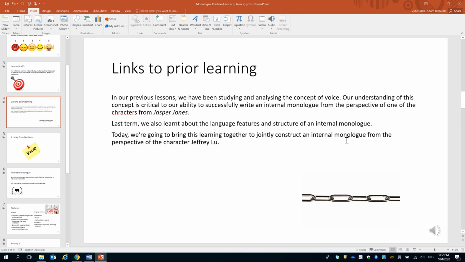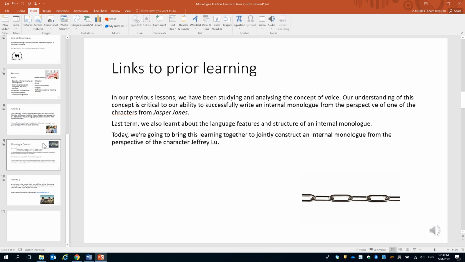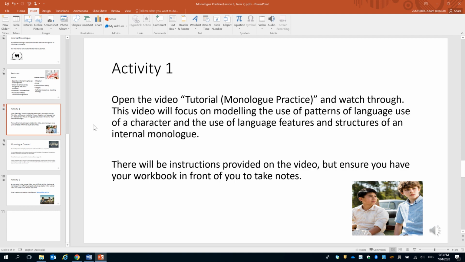We also want our monologue that we write together to reflect the language features and structure of an internal monologue that we have learned last term and practiced before as well. So we're going to be bringing that all together to construct an internal monologue from the perspective of the character Jeffrey Liu.